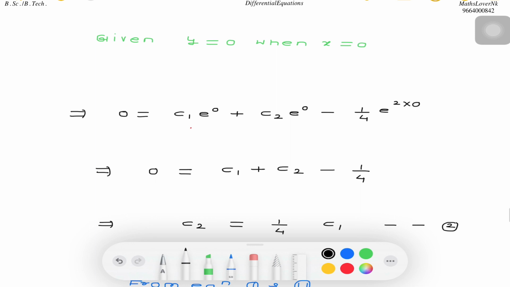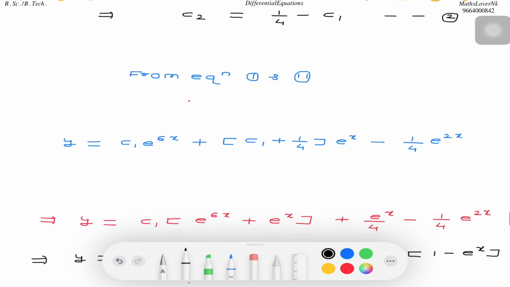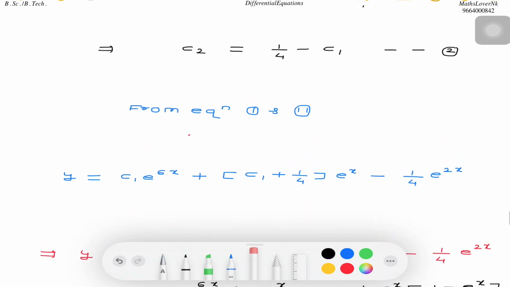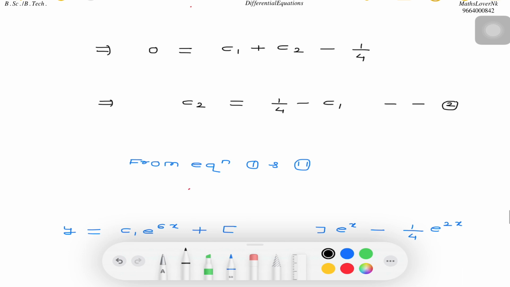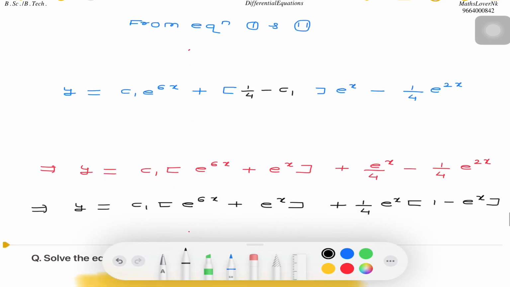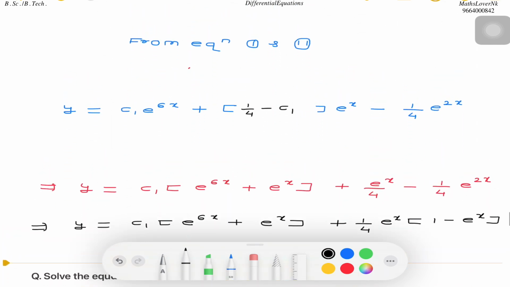Now we get 1 upon 4 minus C1. When we solve it, it becomes minus e the power 6x.